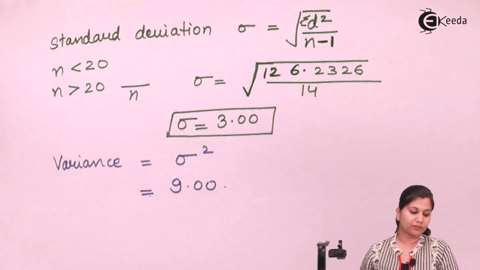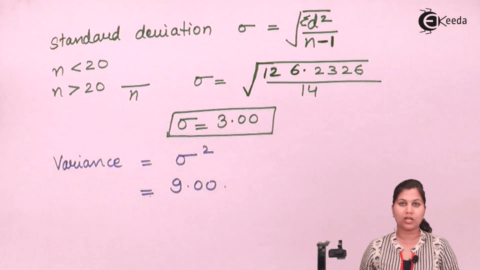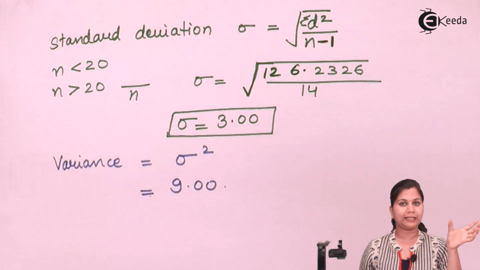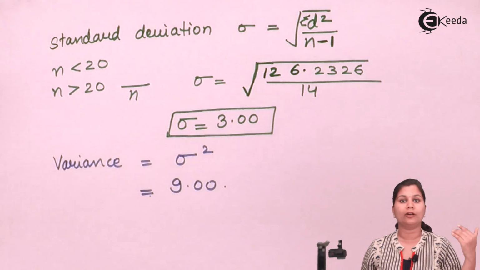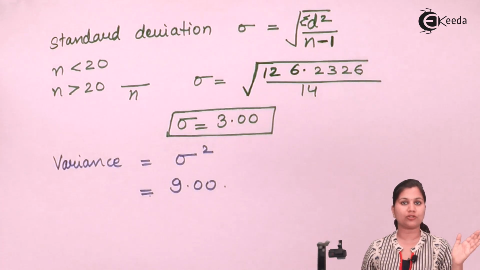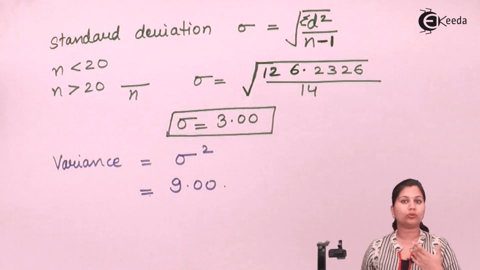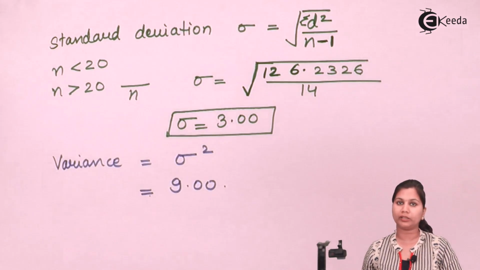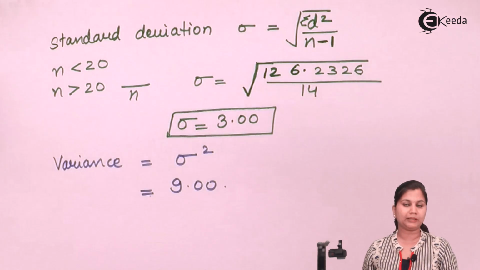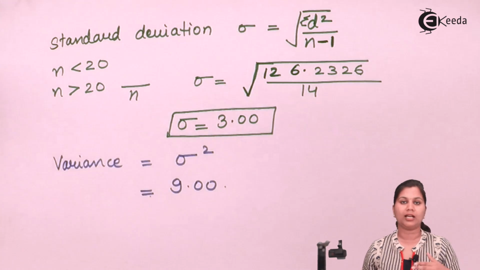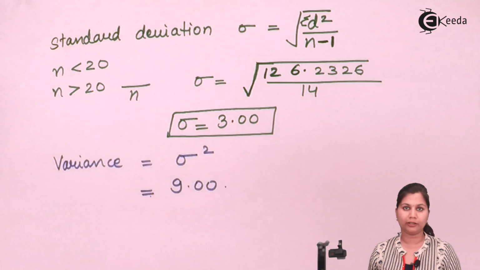So here in the question we were to calculate the mean, median, standard deviation and variance. We calculate the mean by taking the sum of all the readings and dividing by the total number of readings. To calculate the median, arrange all the readings in ascending order and check whether the total number of readings is odd or even. If it is odd, then the (n plus 1) by 2 term will be the median. If it is even, take the sum of the middle two terms and divide by 2.